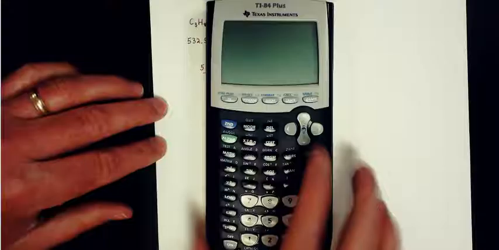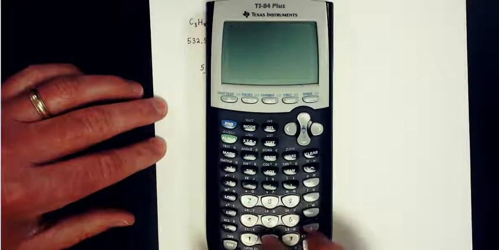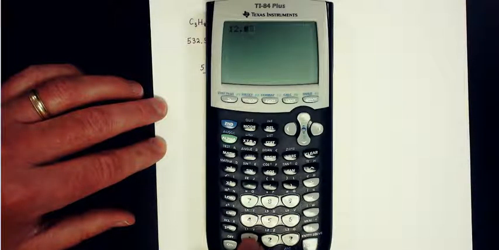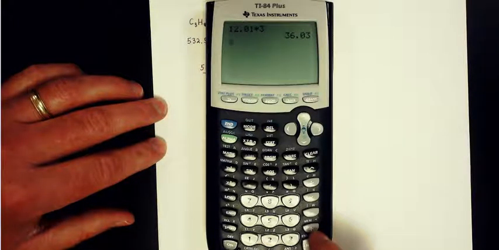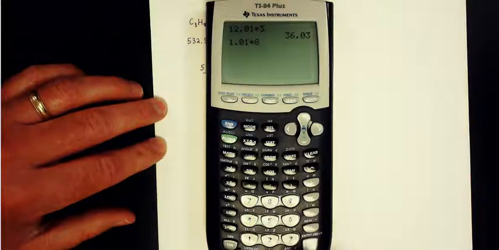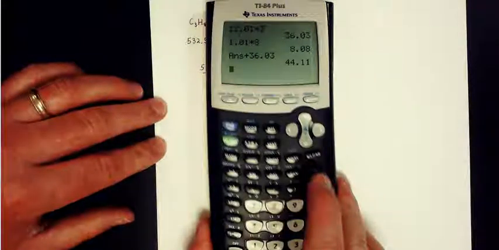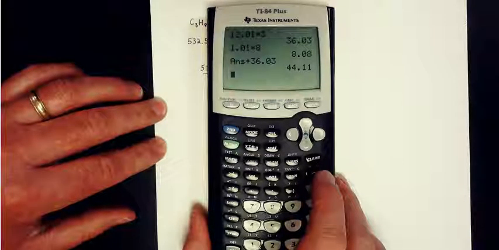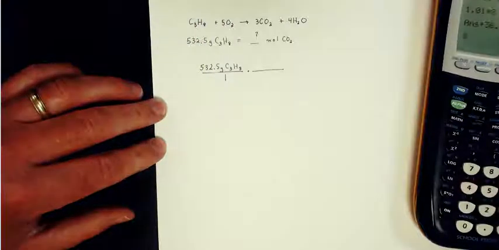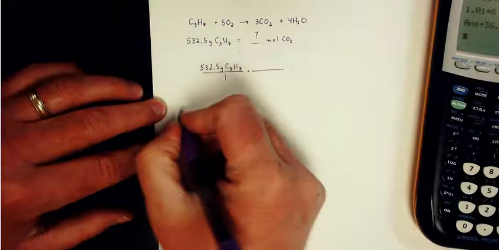And we'll just punch that into my calculator here. 12.01 times 3, enter. And 1.01 times 8, enter. And then we'll just add those two bad boys together. Boom! That's my molar mass right there, 44.11 grams for each mole of propane.